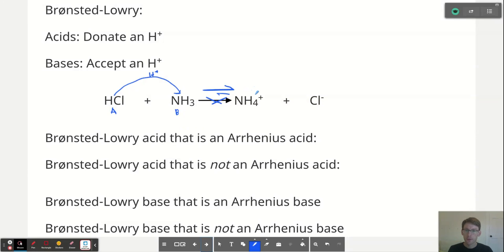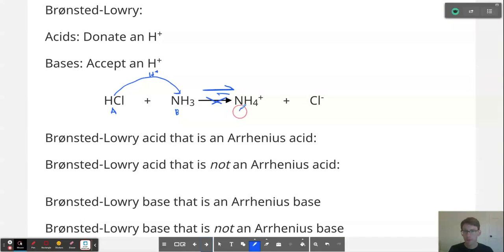Now, NH4+ is the product of the base getting the extra H+, and so this one right here, NH4+, actually will act as an acid itself. If this reaction is reversible, then on the right side, we need an acid and a base.